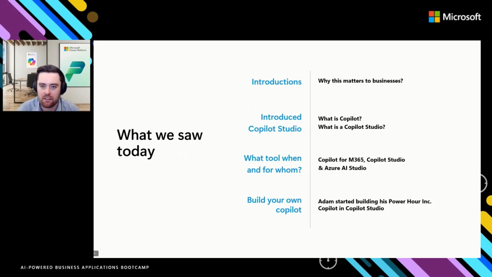Then we talked about Copilot, what Copilot Studio is, and how these interplay together. We talked about the different tools for building out your Copilot experience, who is engaged with those tools, what tools are best suited for different audiences, and how they all work together, most importantly. This is not a versus, this is an and conversation.